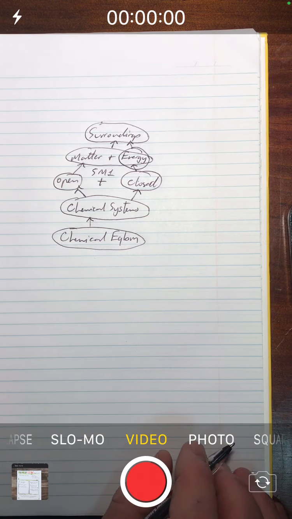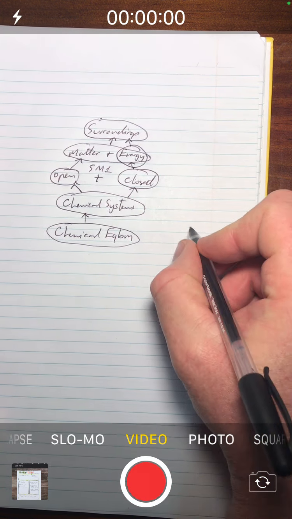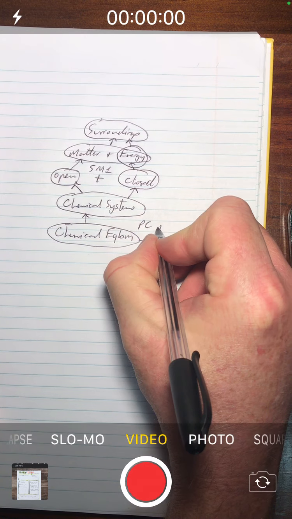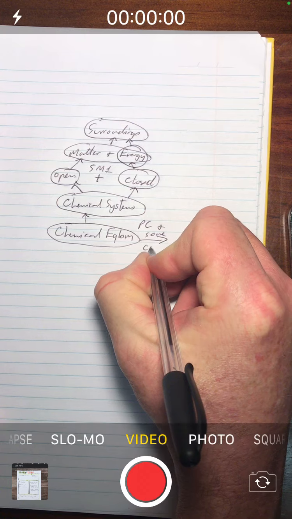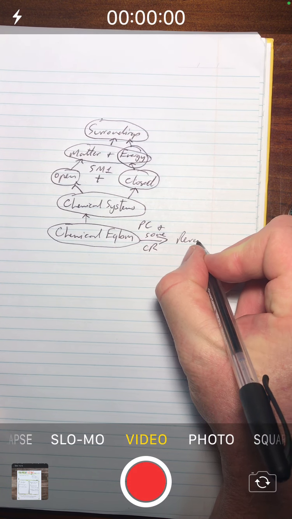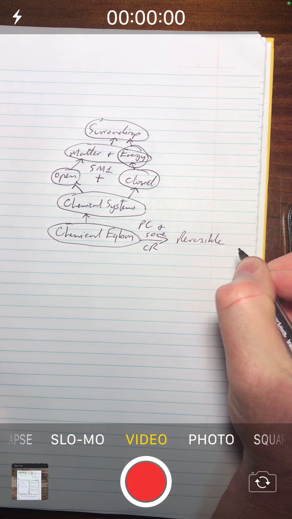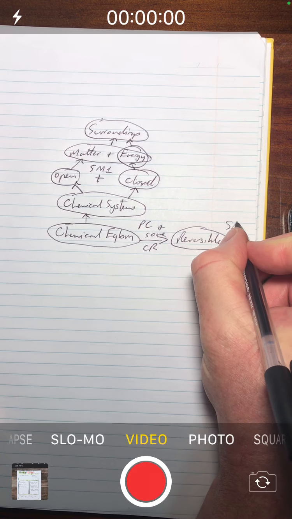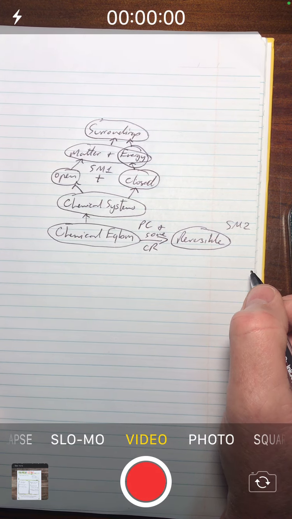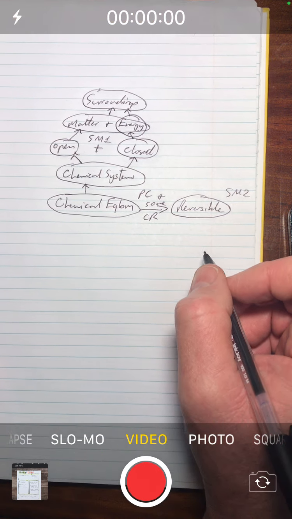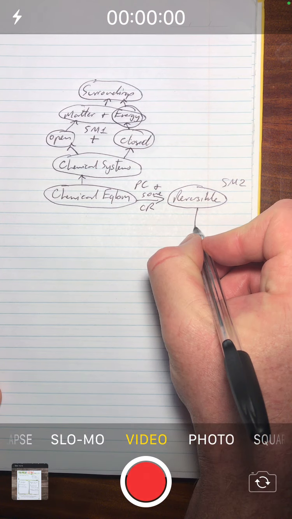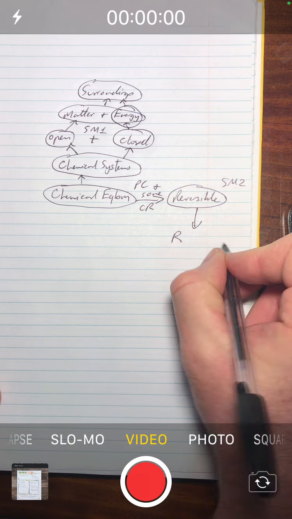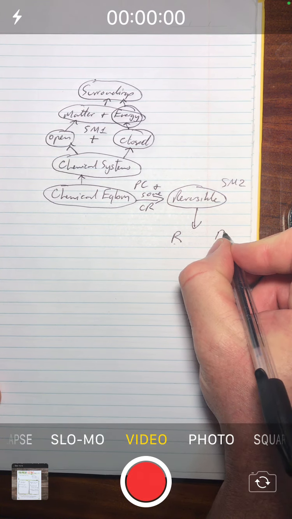Okay, now with our chemical equilibrium, we can have phase changes, and there are some chemical reactions that are reversible. Okay, now if we understand that, we've got subject matter 2. Okay, now when we write our equation for the process, we have reactants going to products.